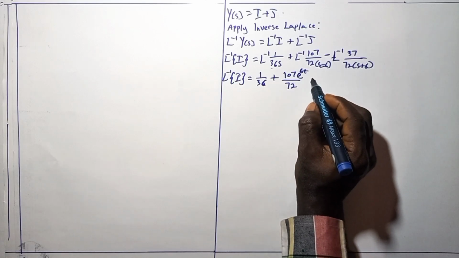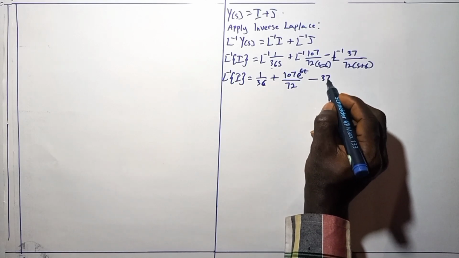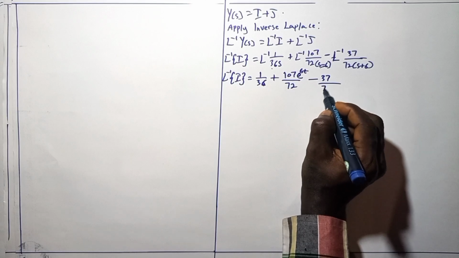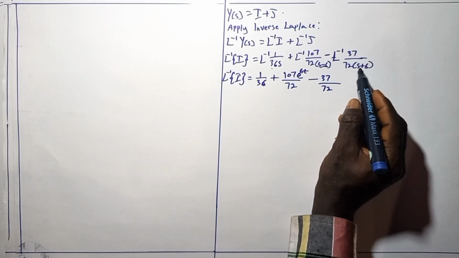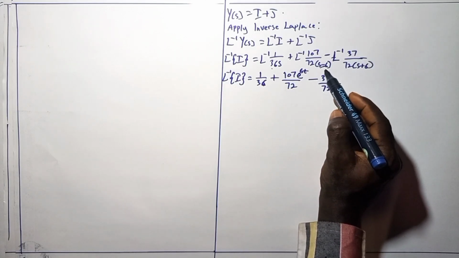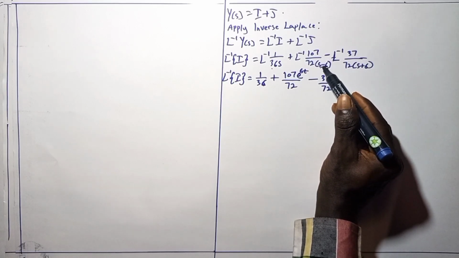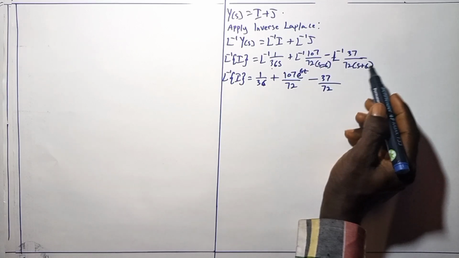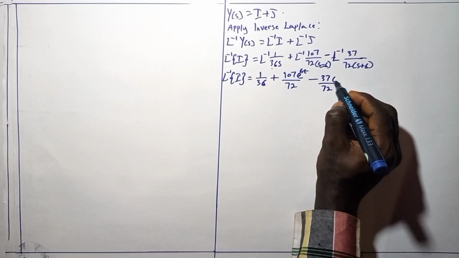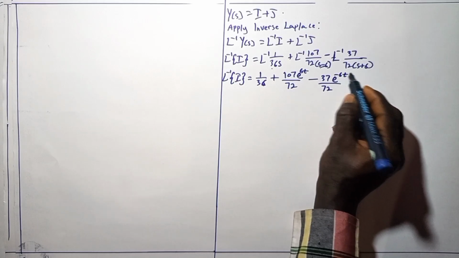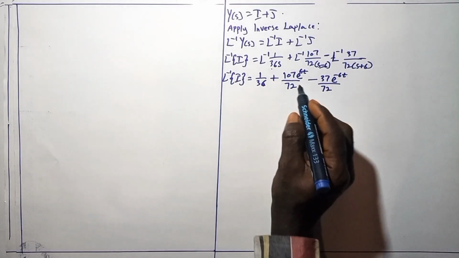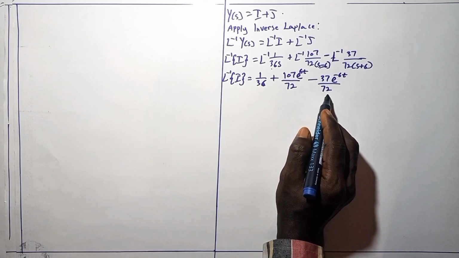Then for this as well, this is a constant 72. This one is similar to the one we did, but the last one had minus, so we're going to apply minus here. So this is the inverse Laplace of I.